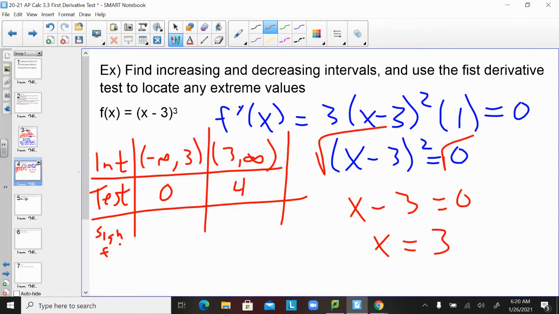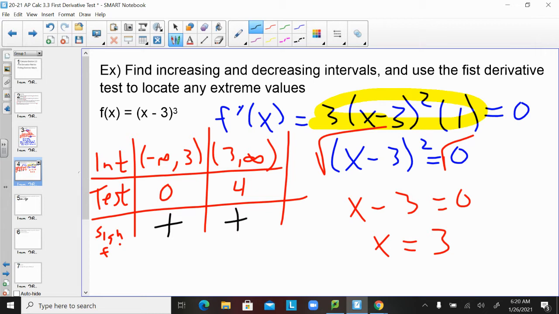My derivative is this, and I'm plugging in 0 first to see whether it's positive or negative. If I plug in 0, I get -3 squared, which is positive, times a positive. That turned out to be positive. If I plug in 4, I still get a positive squared times the positive.